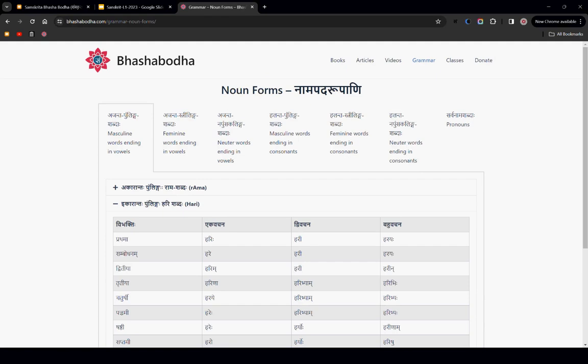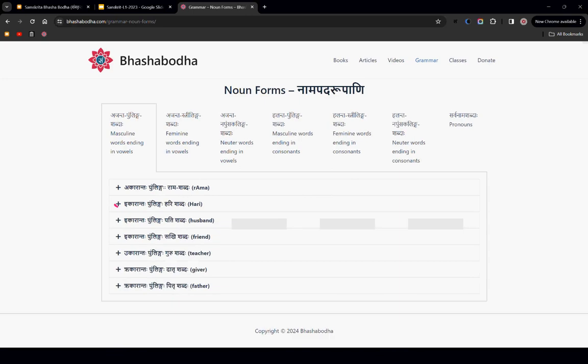Here you see Harayah, which doesn't look like Ramah. The visarga is there, but here the base word is Hari, ending in i, and for bahuvachana prathama vibhakti it looks different, ayah. It's not ah. The same thing you can check for other words also.